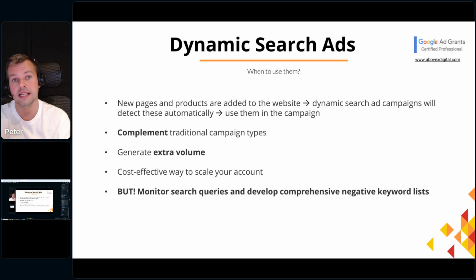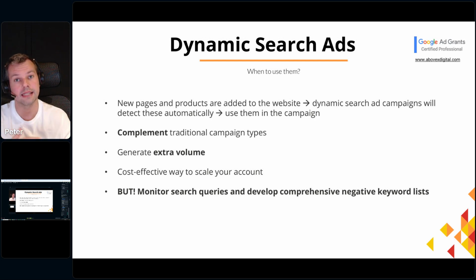Sometimes we see that this campaign surpasses in terms of performance all of the other search campaigns. And actually, the account that I want to show you is an example of that. You can easily be the biggest campaign in the account, but you need to have a lot of content on your website. Now, what's not so good about it is the level of control.